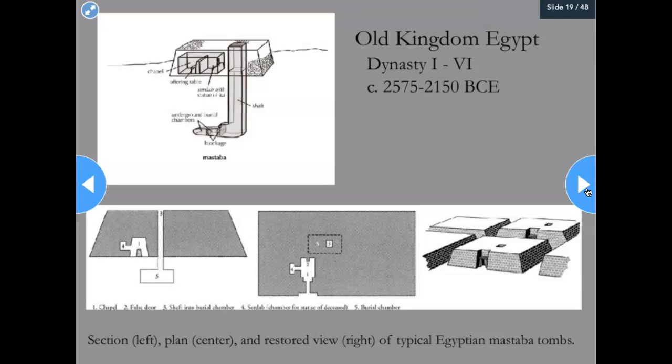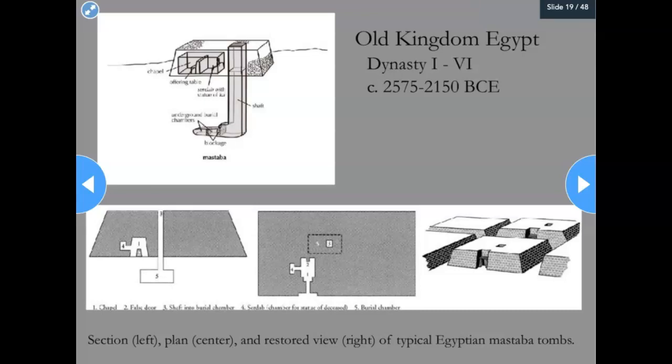So now we're going to switch from the pre-dynastic period to talking about the Old Kingdom. And the Old Kingdom is typically the period that we call the age of the Great Pyramids. But we don't go from nothing to pyramids. We kind of evolve into the world of creating the pyramids.